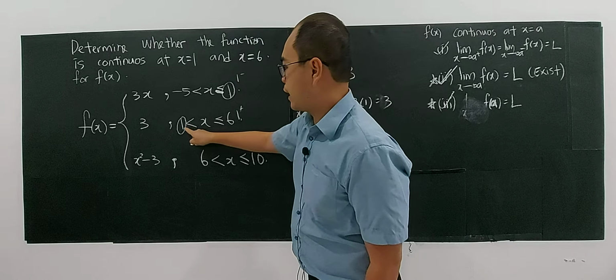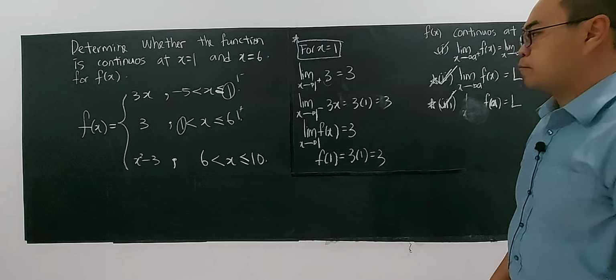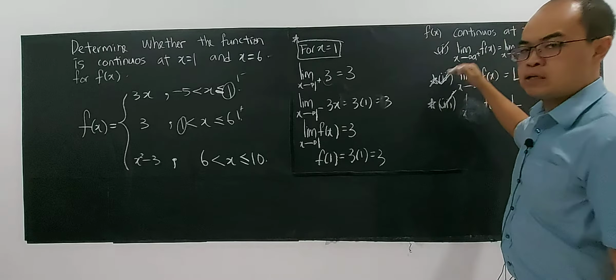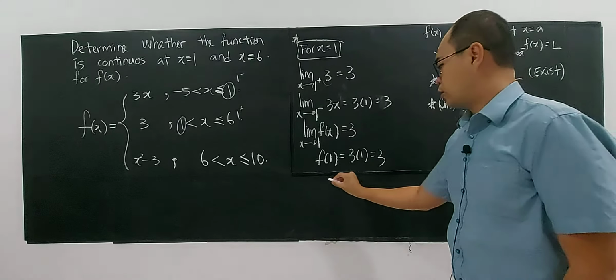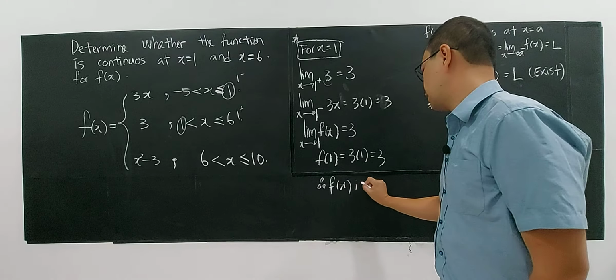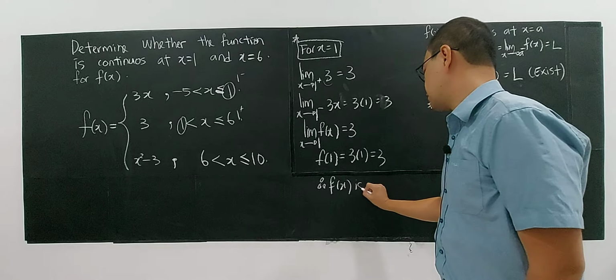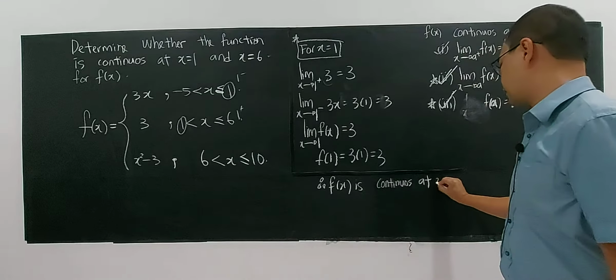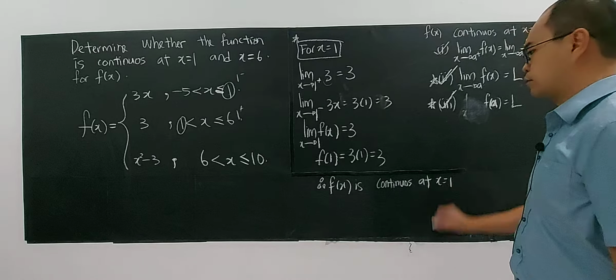This means the 3 conditions are met. So therefore, f(x) is continuous at x equals 1, right?